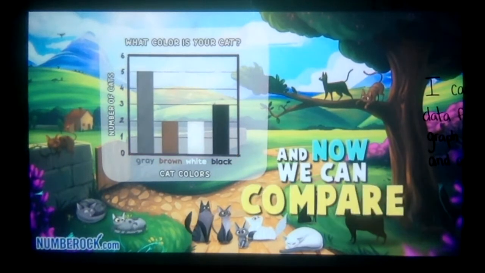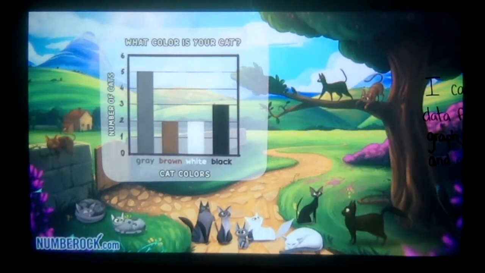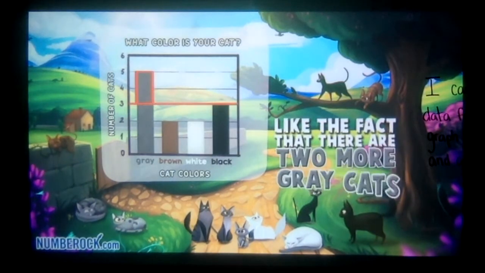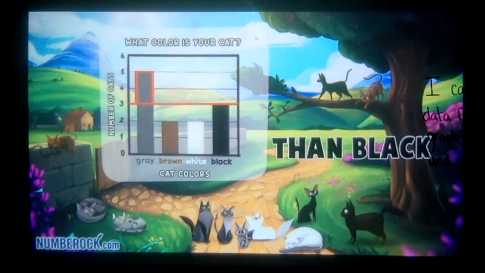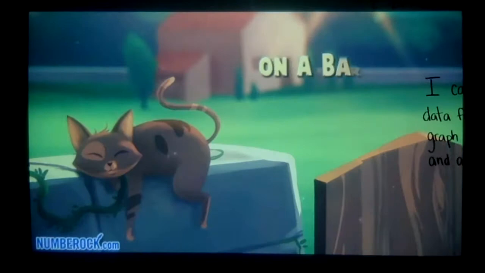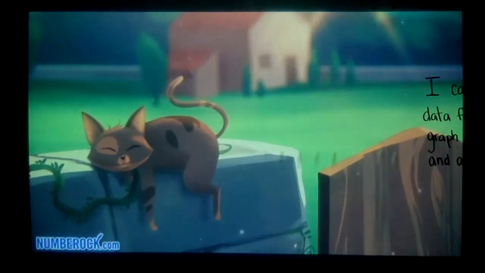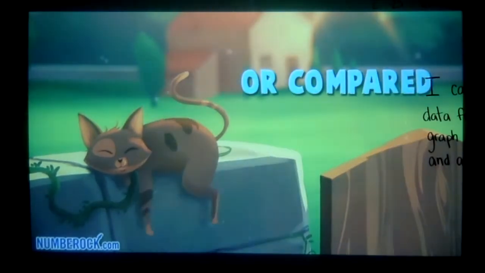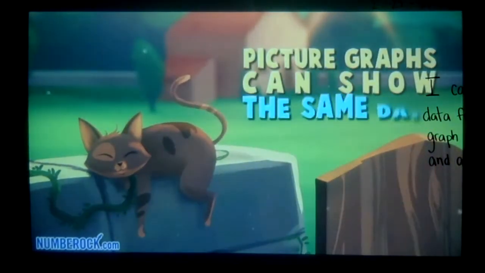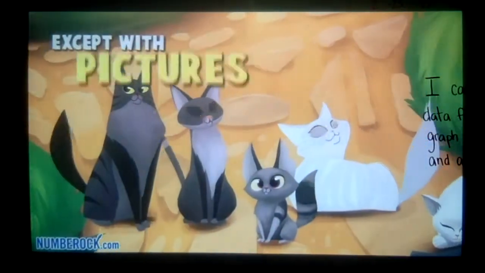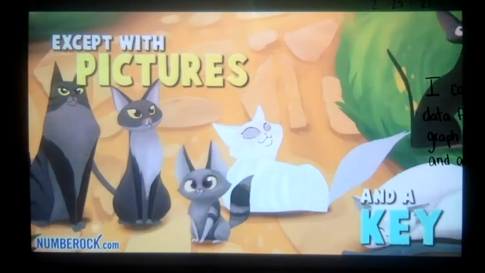And now we can compare each group of cats there, like the fact that there are 2 more gray cats than black. On a bar graph, the data there can be put together, taken out by or compared. Picture graphs can show the same data you see, except for pictures and a key.